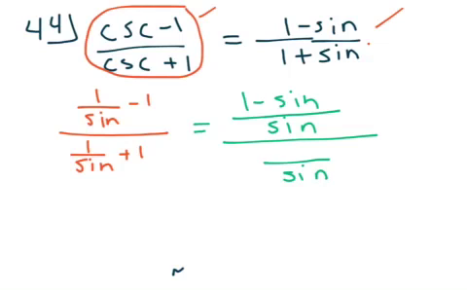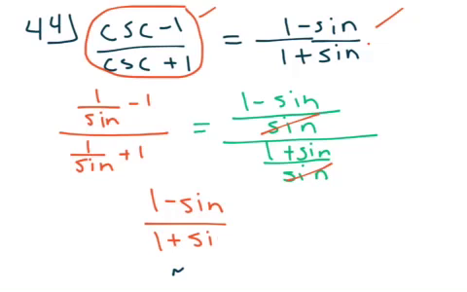For common denominator, we can get 1 plus sine. These two cancel, so you get 1 minus sine over 1 plus sine, I'm sorry. And you're supposed to show that 1 minus sine equals 1 minus sine over 1 plus sine. So that would be your final answer.